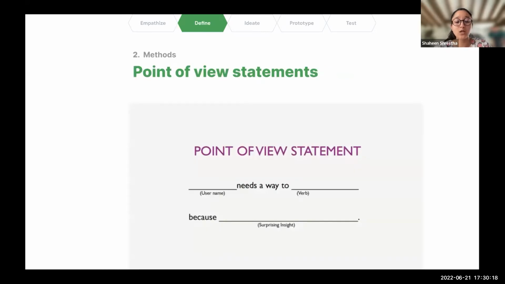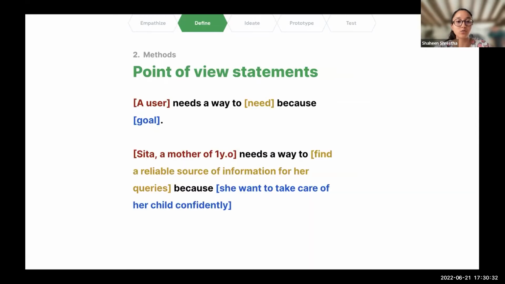Then after that, the point of view statement. There's a user, the user has a need, and the need has a goal. So I will now take you through the example. This is how we make a statement out of the data. For example, there's a mother called Sita, and she needs to find a reliable resource of information for her queries, because she wants to take care of her child confidently.